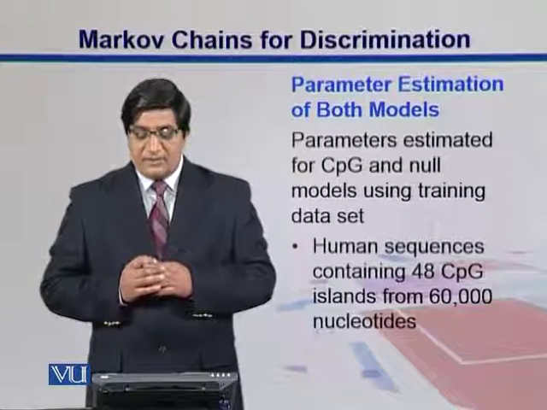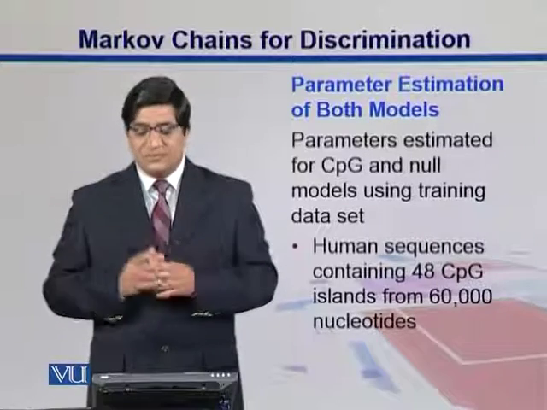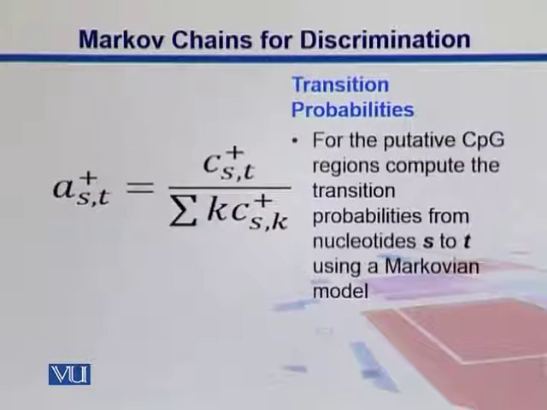They took 48 CpG islands from 60,000 nucleotide long sequences, and they made those transition probabilities. Here a_st represents the transition probability, where s is any nucleotide and t is the second one, so moving from s to t is the transition probability.